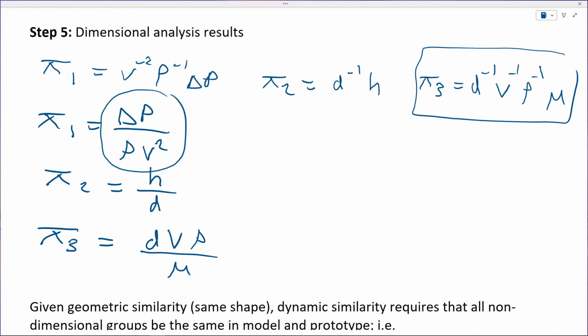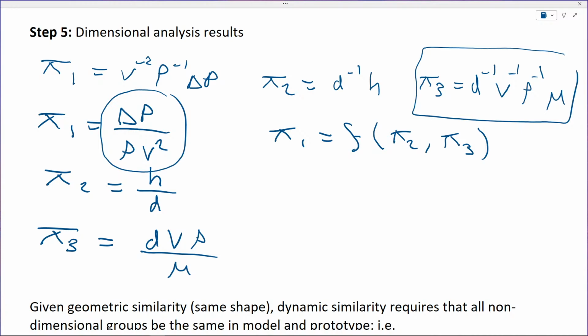So what I can do, can I also write something like this: pi 1 is a function of pi 2 and pi 3? Yes, because pi 1 contains my dependent variable, pi 2 and pi 3 contain my independent variables.